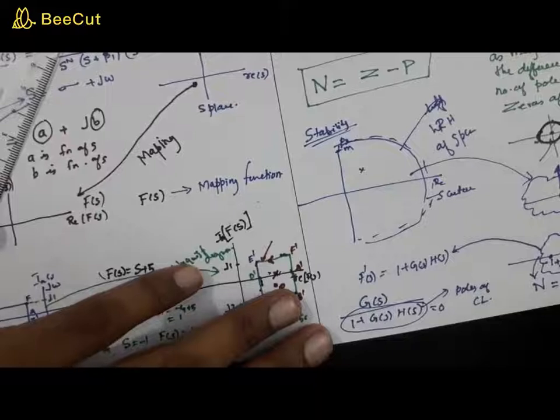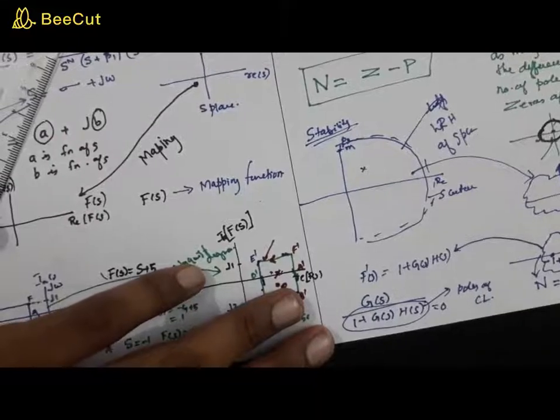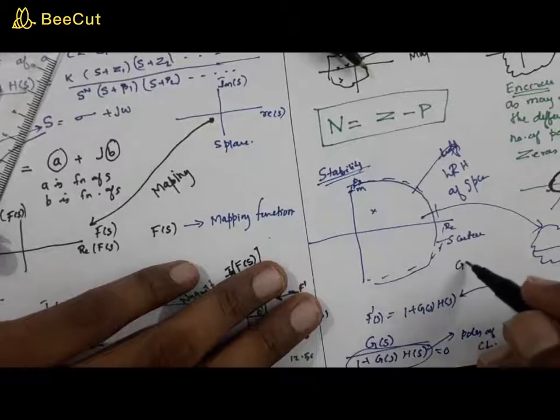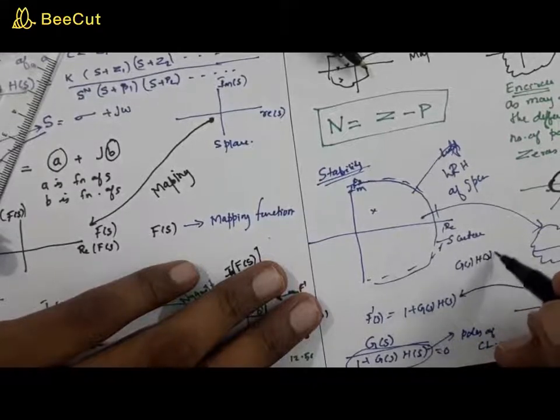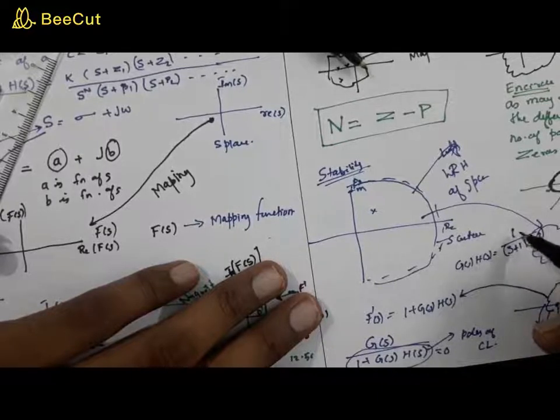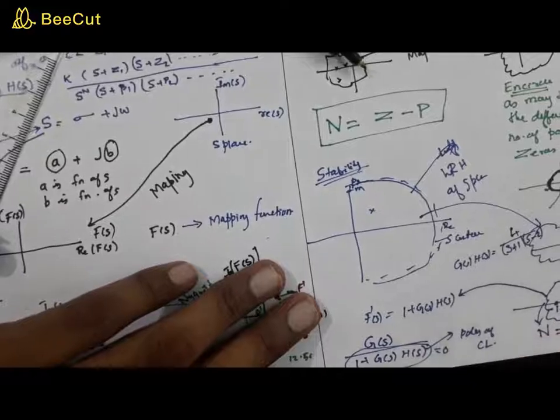Now from where will you get P plus? P plus is nothing but the open loop poles, right? The open loop poles that you directly get from the question. So your G(s)H(s) will be given, and say for example, 4 divided by (s plus 1) into (s minus 2).